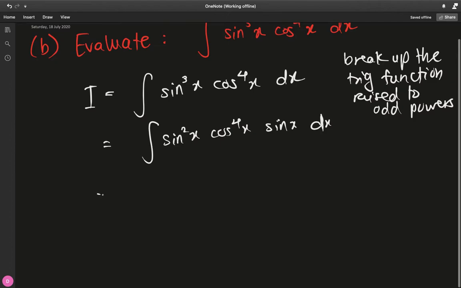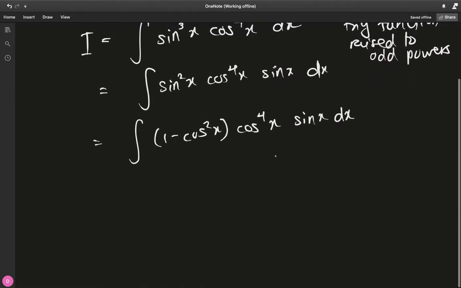And why was this useful? Because now we can write this sine squared as 1 minus cosine squared x, and this cosine to the fourth of x as it is, and then sine of x dx. Now, noticing that sine of x, or negative sine of x at least, is the derivative of the cosine, make a u substitution.